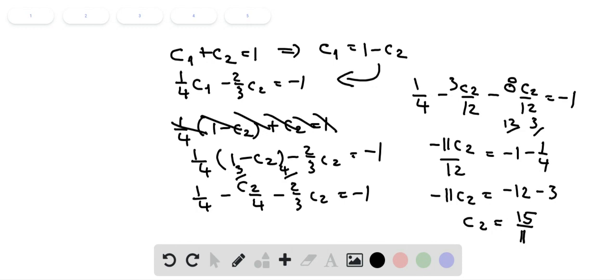So c1 equals 1 minus 15 over 11, which equals negative 4 over 11.